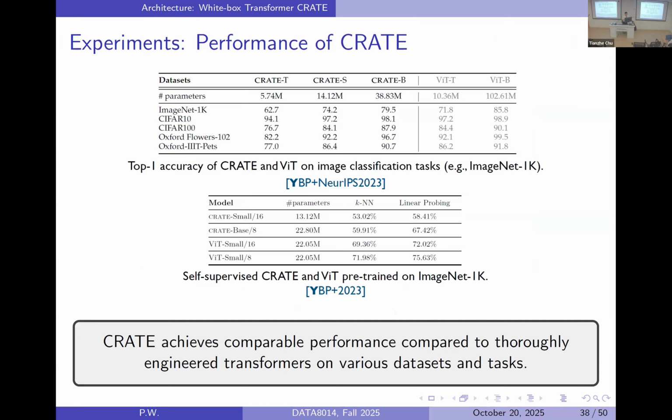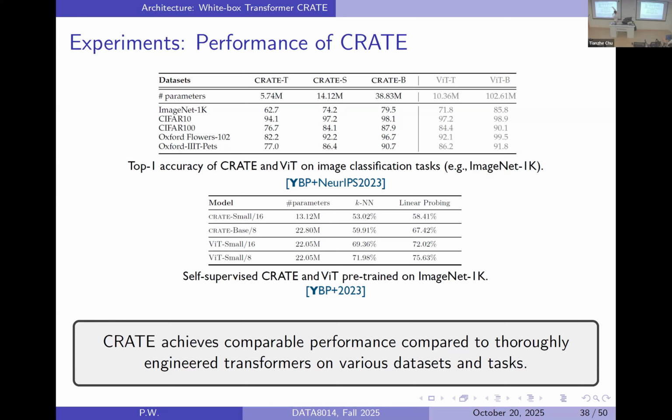Okay, and we further do some experiments on some vision tasks. You can see here, we train the standard vision transformers, like ViT-tiny and ViT-base. This is the number of parameters. This is tiny, just 10 million, and this is base, about 100 million parameters.